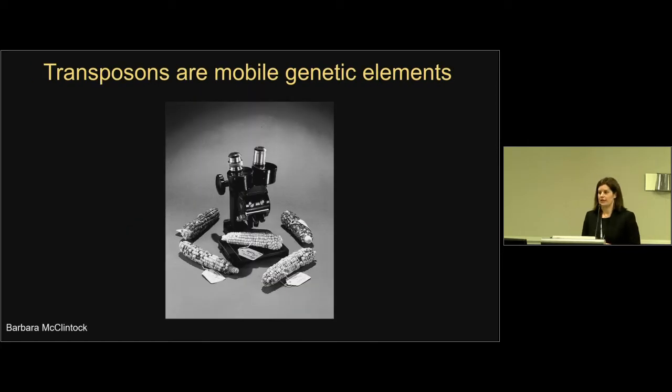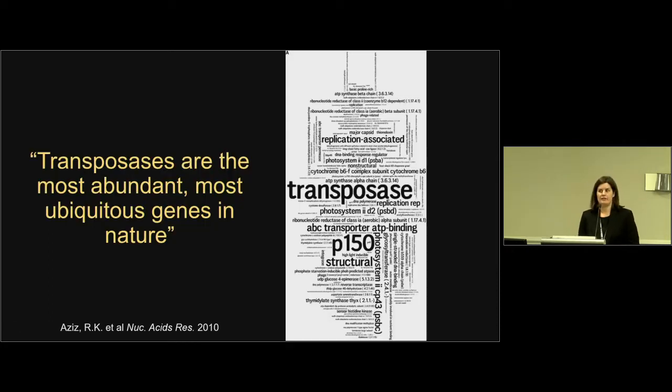Transposons are mobile genetic elements, and these were discovered by Barbara McClintock back in the 1940s and 50s, doing work in maize, looking at corn kernel colors. A lot of people don't know this, but transposases are the most abundant coding sequence in all of nature. If you were to take a big hat and fill it with every gene known to man that makes a protein and pull out one thing, chances are you would pick a transposase.